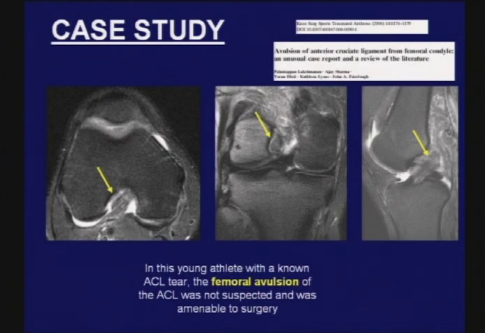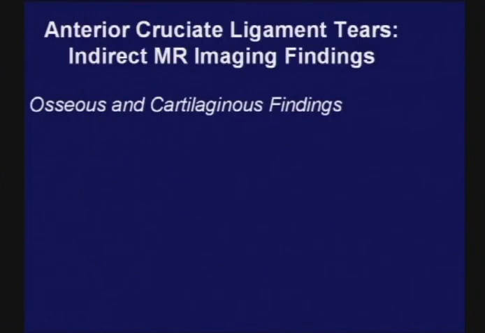Even in this case, you can argue that there is a little bit of tissue still attached to that femoral condyle. I have seen very few of these, and I'm sure you have not seen many either. Similarly, as I showed in one of my earlier talks, the posterior cruciate ligament may tear from its femoral attachment, and that's an important observation to make.